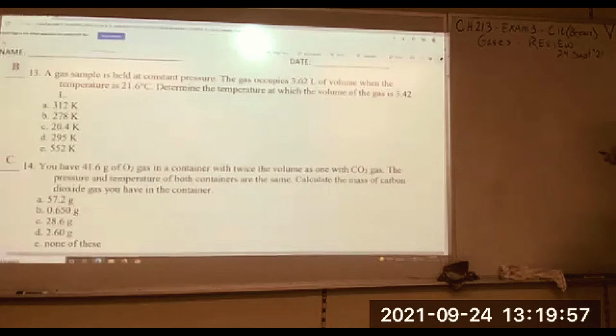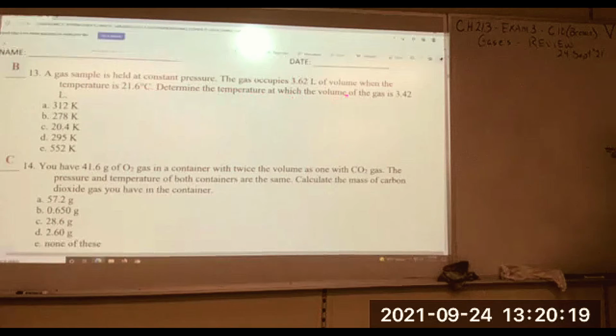Is this a before and after situation? Constant pressure. First, the gas occupies this volume, 3.62 liters, when the temperature is at that point. So immediately, your mind ought to drift toward Charles' law, volume and temperature.